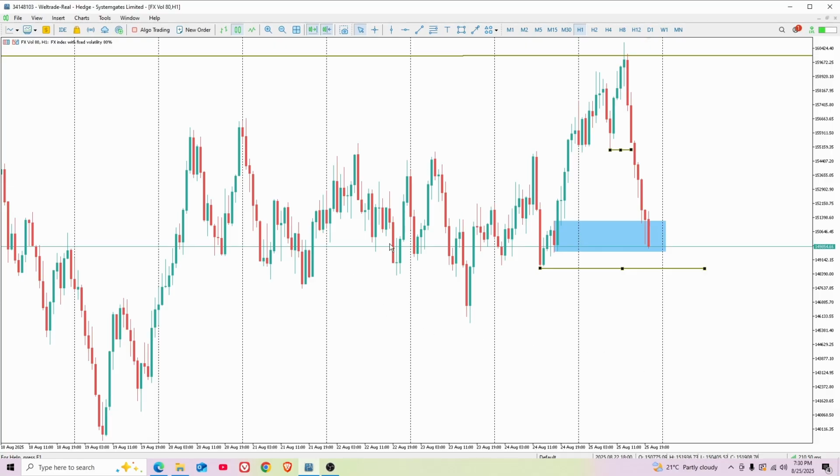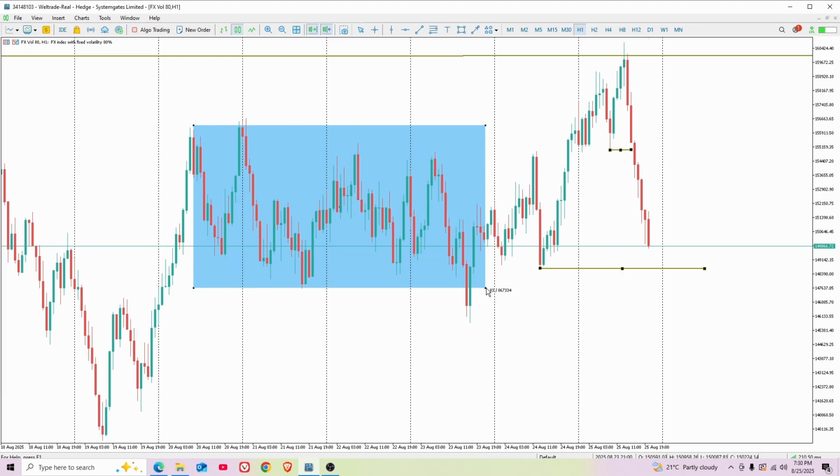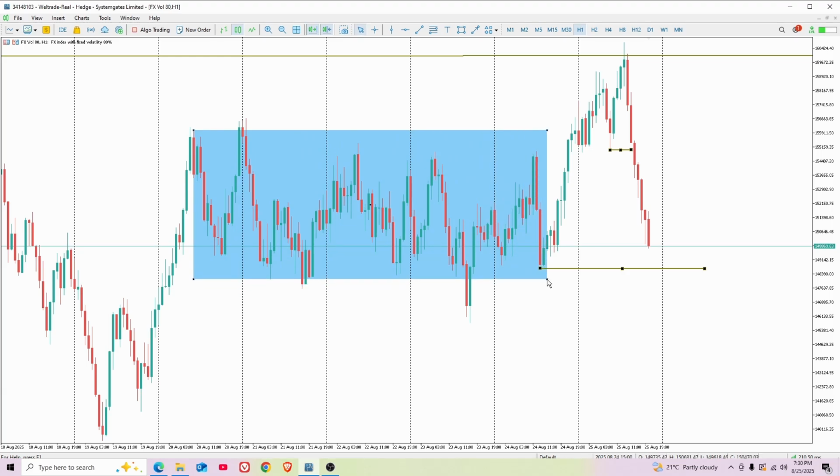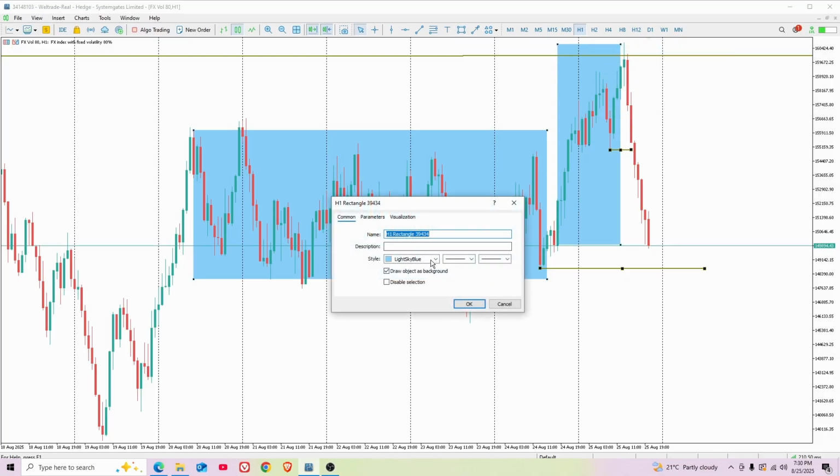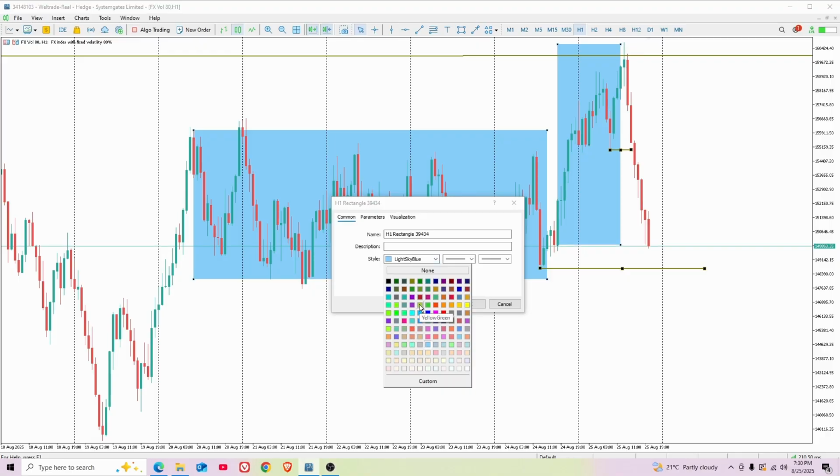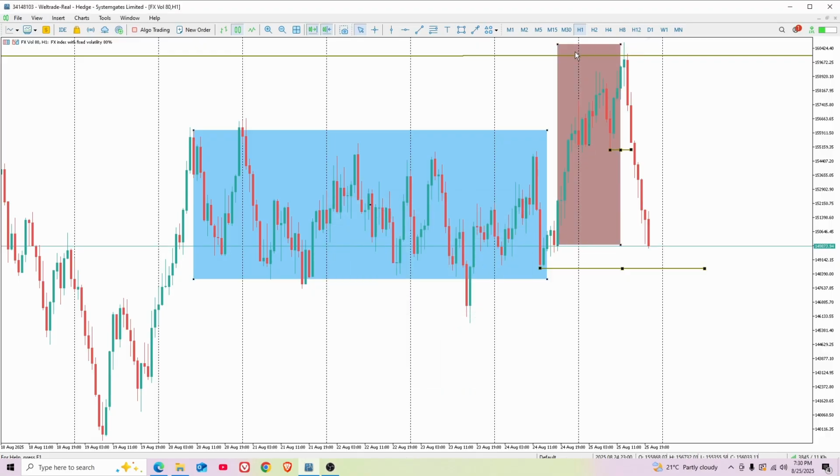So what you can see in this chart at the moment is an AMD pattern. You have consolidation over here, and then the market manipulates above the highs, right? Let me change the color here. Market accumulates, then we get that manipulation above the highs, taking out liquidity.